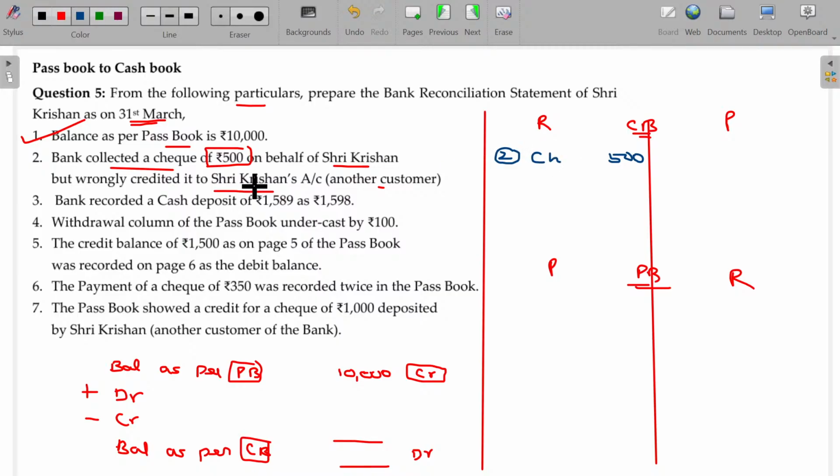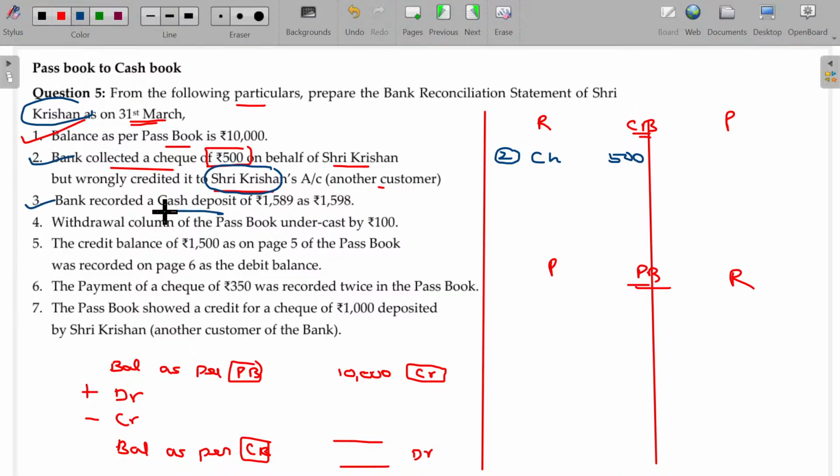They have multiple customers, right? One of the customers is this Krishnan, another customer's name is also Krishnan. Rather than posting here, he has posted the other one. Anyhow, it's the error of theirs. But for me, this is recorded as 500 rupees only in the receipt side, with no corresponding value in the passbook. It means there is no record in the passbook.